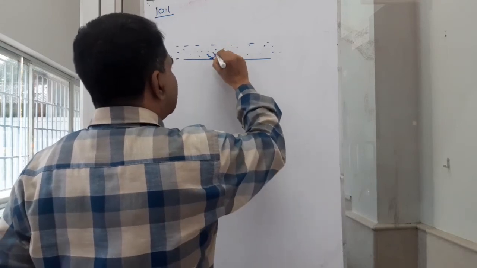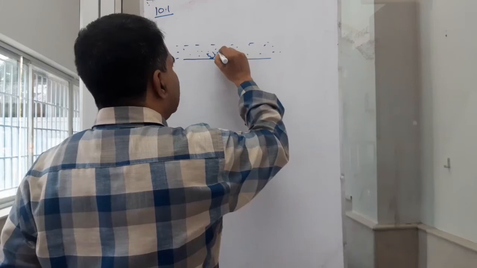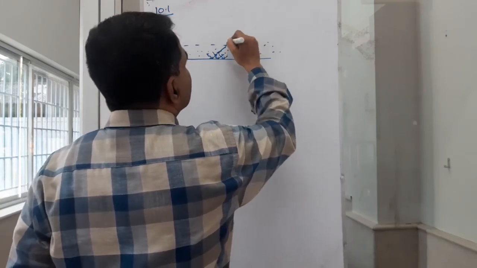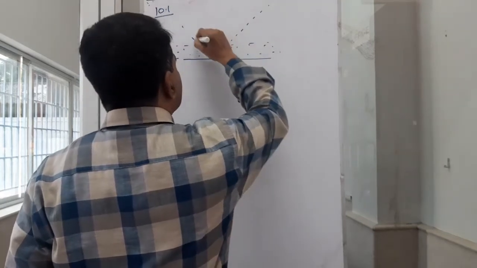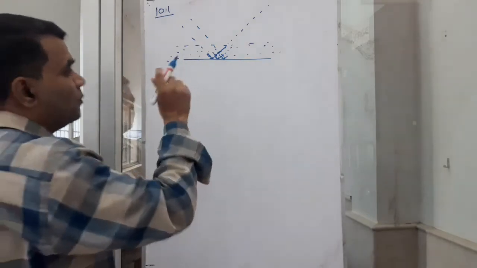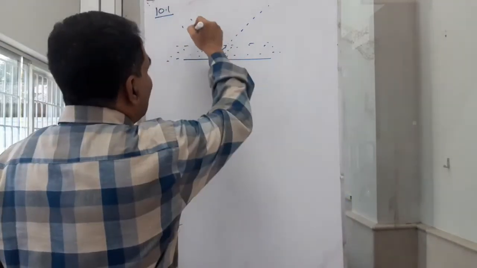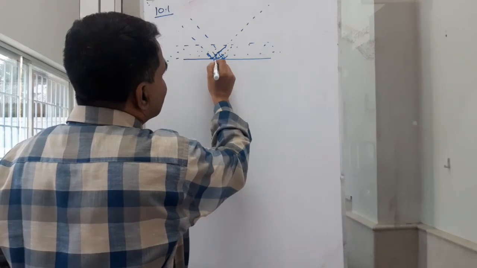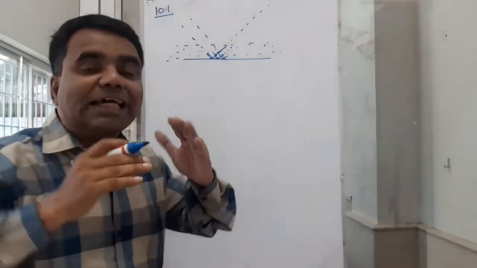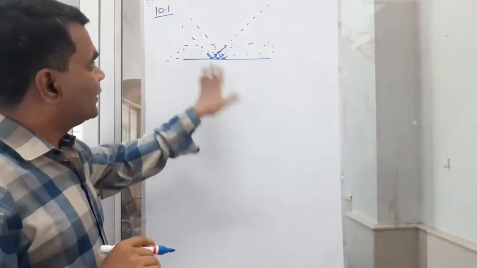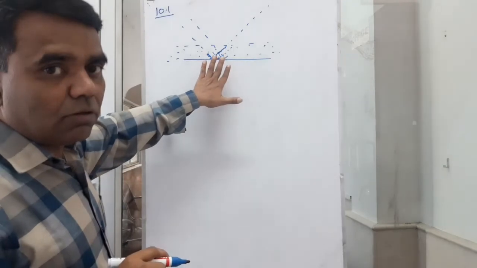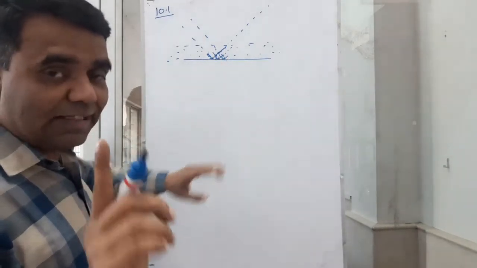As they rebound, they will hit the molecules next to them, and those molecules will hit the molecules next to them, and likewise the sound wave travels. But notice one thing. When the air molecules hit the book, the molecules in the book get disturbed.